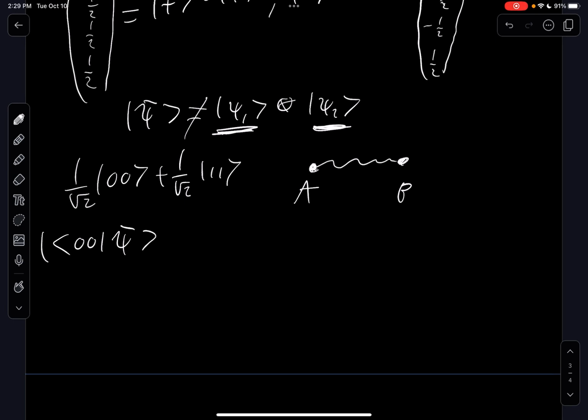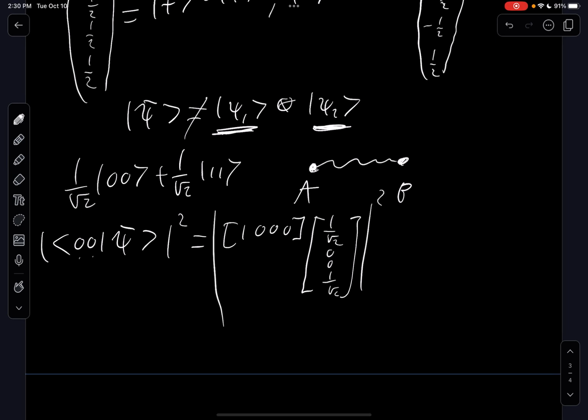Let's look at what's the probability that they get 0, 0. So that's this quantity here. Well, if we write this out, we see that 0, 0 is given by 1, 0, 0, 0. Here we have 1 over square root 2, 0, 0, 1 over square root 2. Need to take the absolute value squared. And you can check that this is equal to a half.